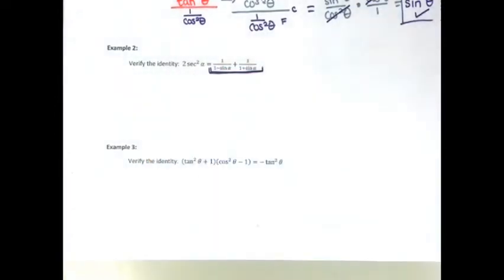Now, as I look at that denominator there, is there anything that equals 1 minus sine theta? Well, cosine squared theta would equal 1 minus sine squared theta. Is that 1 minus sine theta?